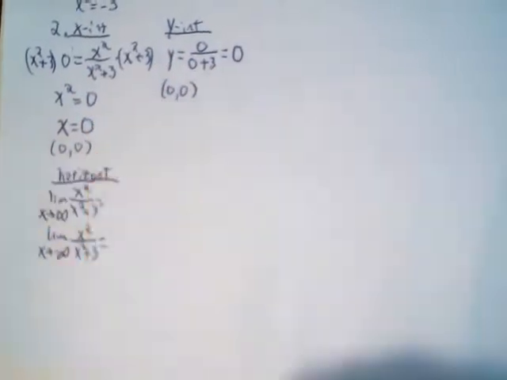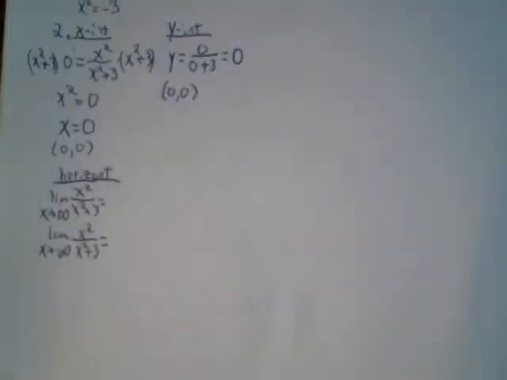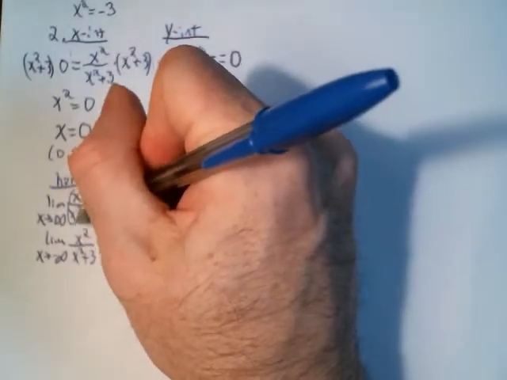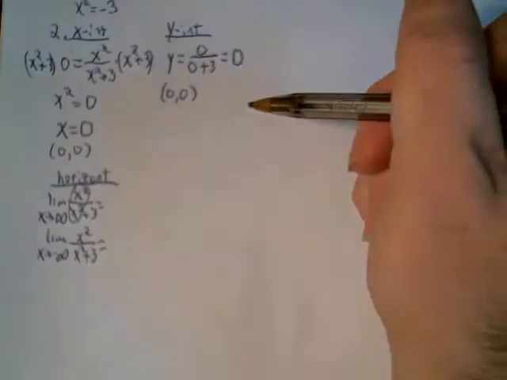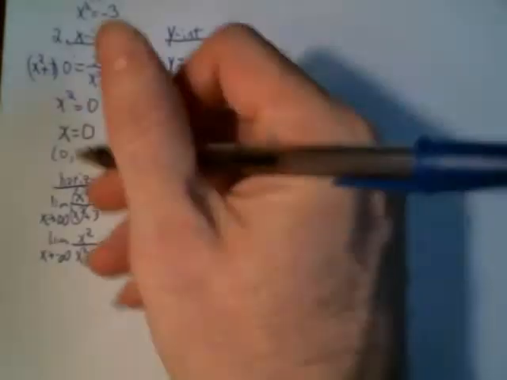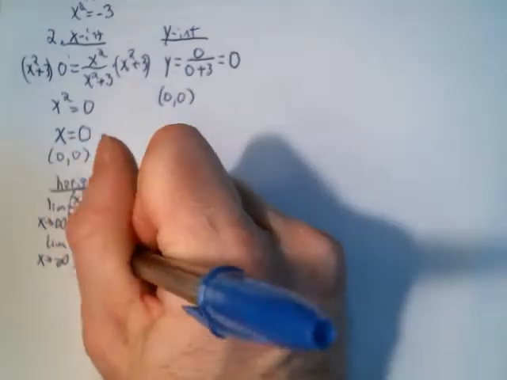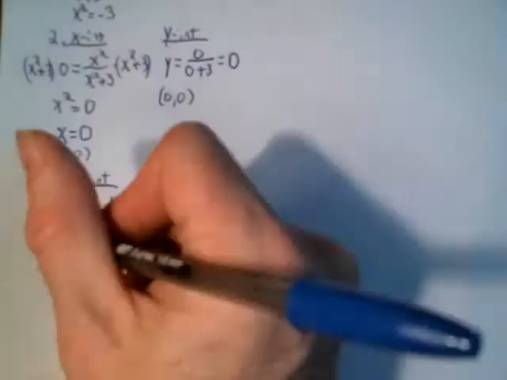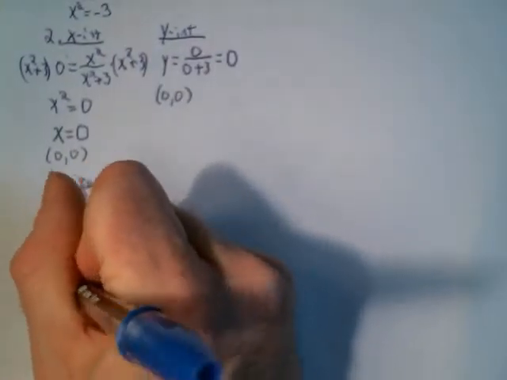And in both cases, you can see the numerator and denominator are the same. So if you were to just zoom in on those two, you would have the limit of x squared over x squared, which is the limit of 1, which ultimately equals 1. And it will be the same for the limit as we go to negative infinity. So our horizontal asymptote will be y equals 1.